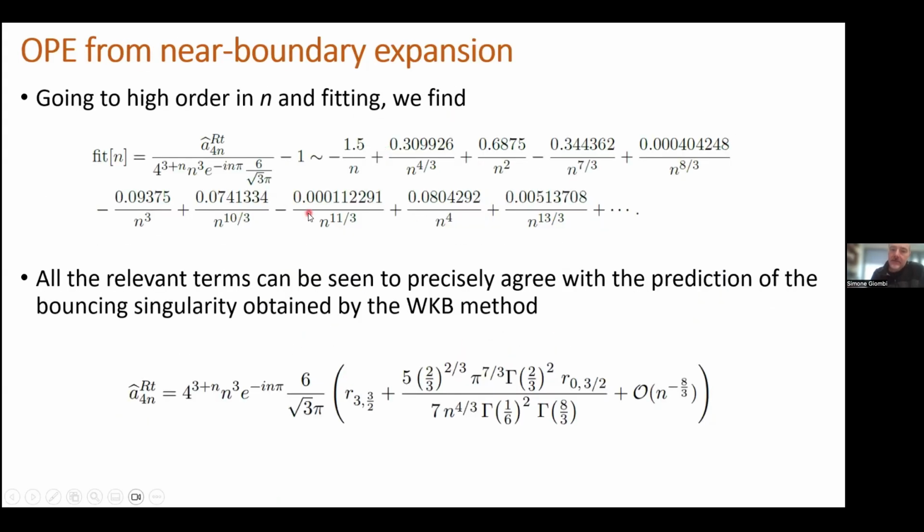And then you find that all these numbers precisely agree with this analytic prediction. So again, the structure of the large n behavior of the OPE coefficients is precisely consistent with the presence of this bouncing singularity in the defect correlators.